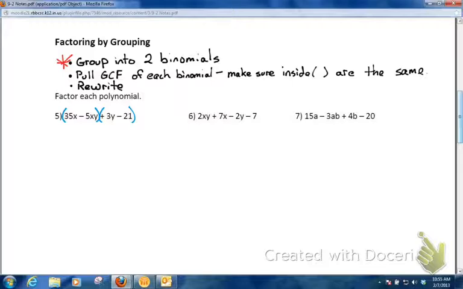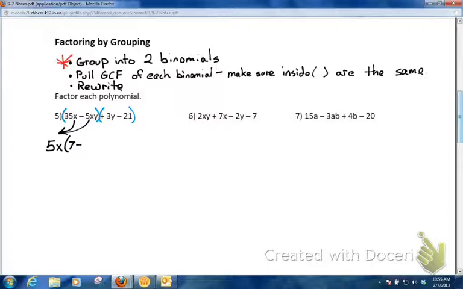The second step then says to pull the GCF of each binomial. I'm going to look at this first binomial, 35x and 5xy. The largest number they're both divisible by is 5, so I'm going to take a 5 out, and they both have at least one x, and that's it. So what's left over is 7: 35 divided by 5 is 7, and the x is gone.